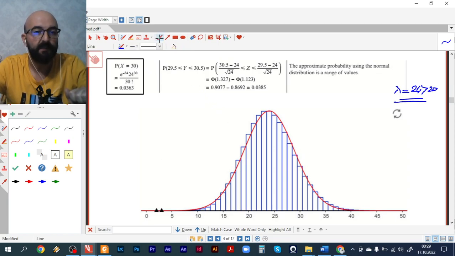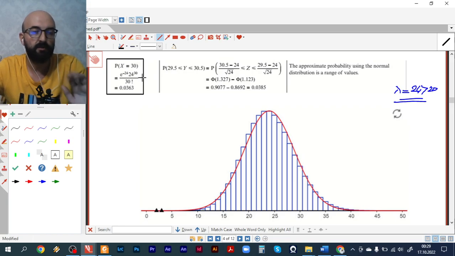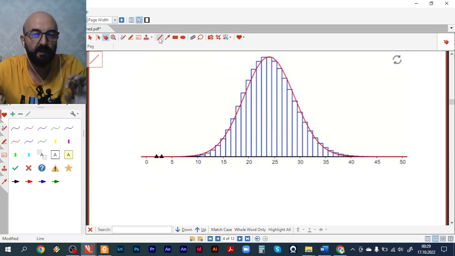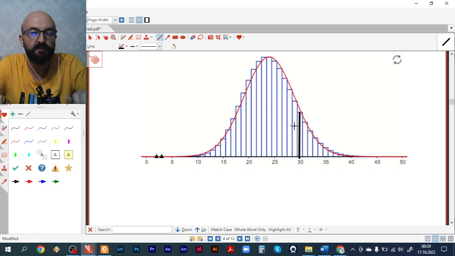But please remember that Poisson distribution is a discrete distribution, and if you want the probability of exactly 30, please notice the graph. You can find this section, but the normal distribution shows us the area under the curve.